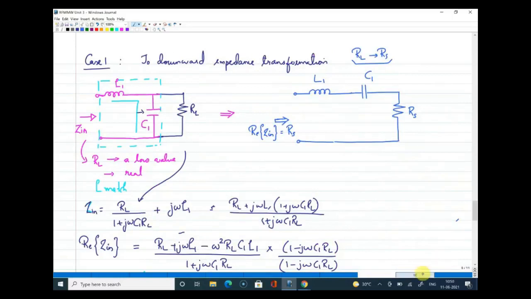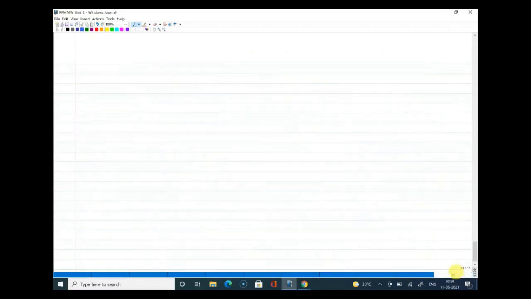So just to make it more clear how this matching network works, let us take an example. I can answer questions if you have soon after doing this question. So just try out this question.